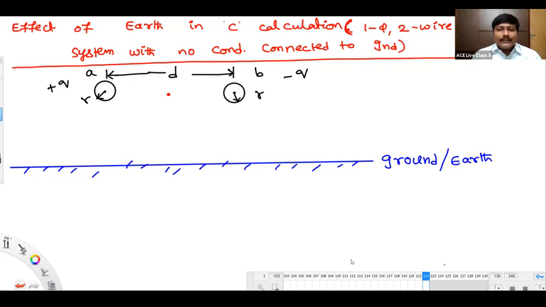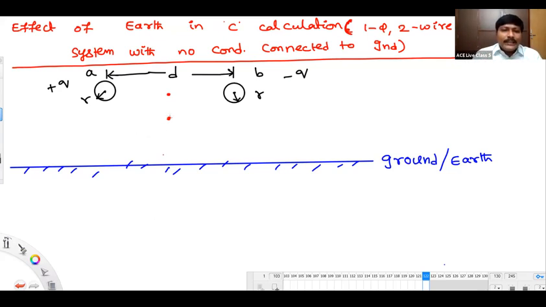Next thing. What is the voltage at this point? See, actually, to know whether the voltage is 0 or non-zero, we should check whether the point you are taking is at equal distance from plus Q and minus Q. If it is at equal distance from plus Q and minus Q, then potential will be 0.